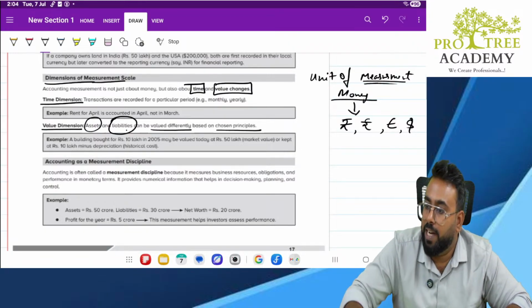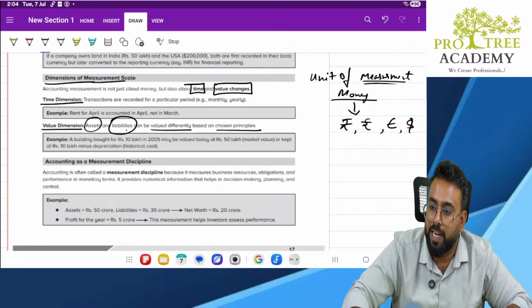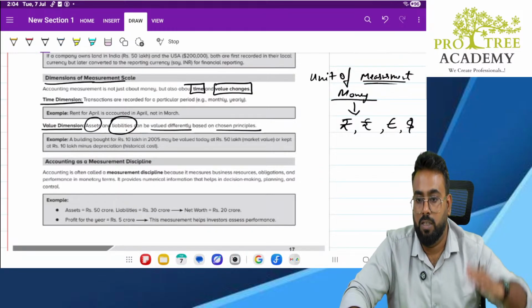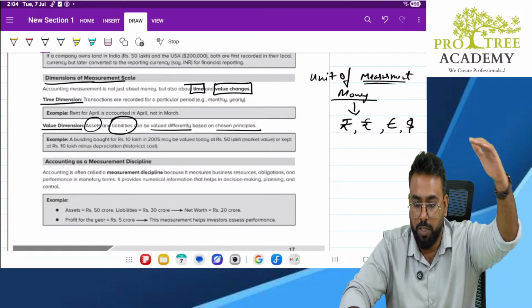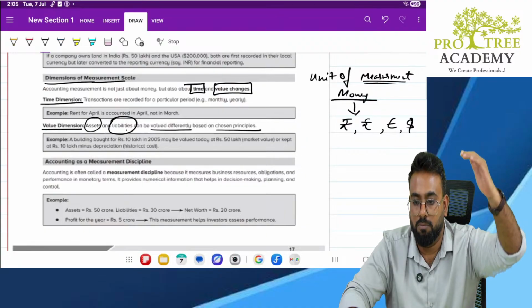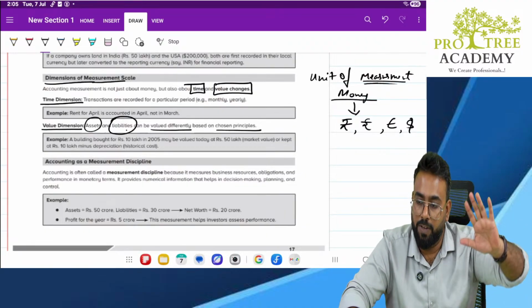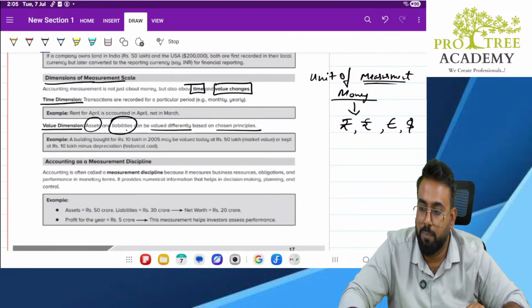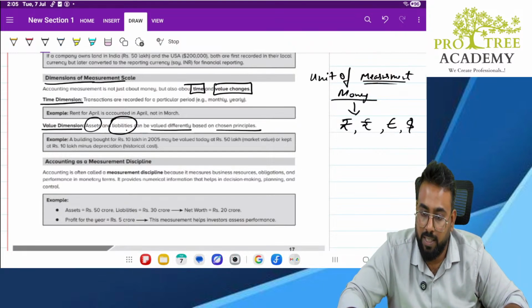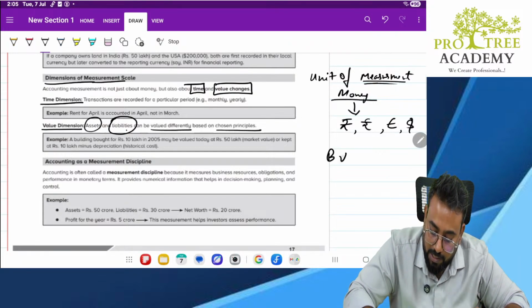But if you go to the market, the value of that building might be 80 lakhs. Say the original cost was 1 crore, and after depreciation the book value is 50 lakhs, while the market value is 80 lakhs.